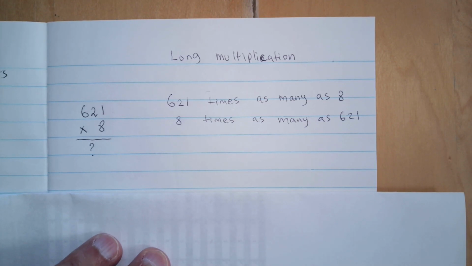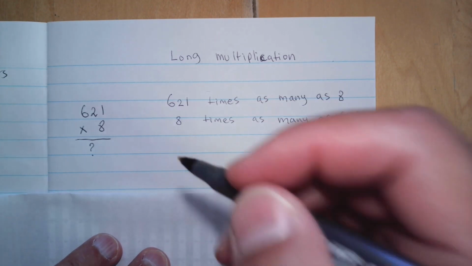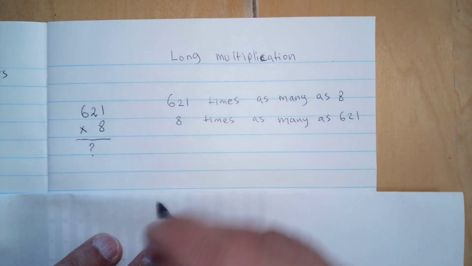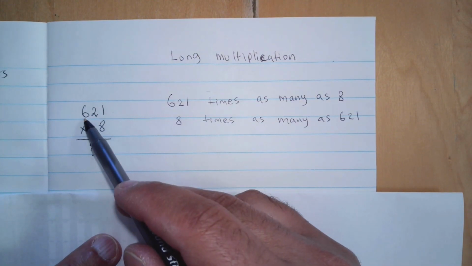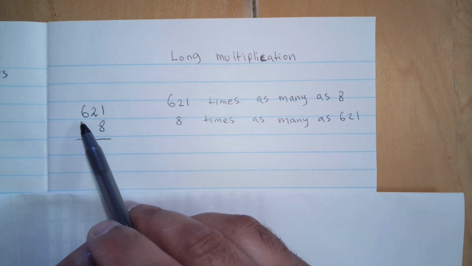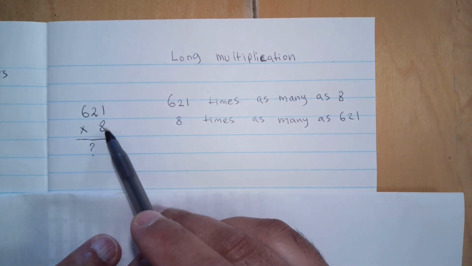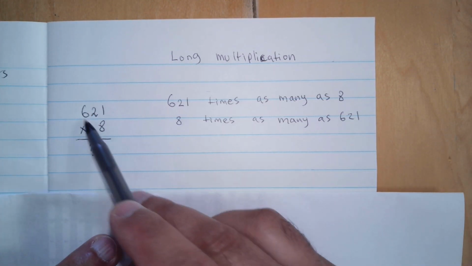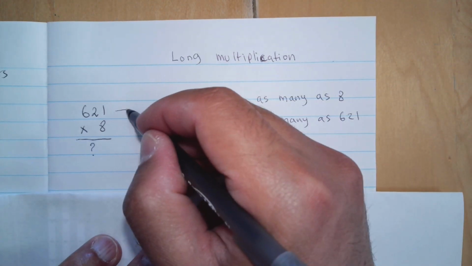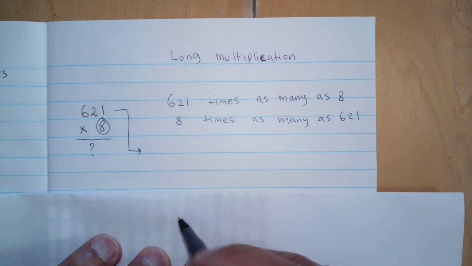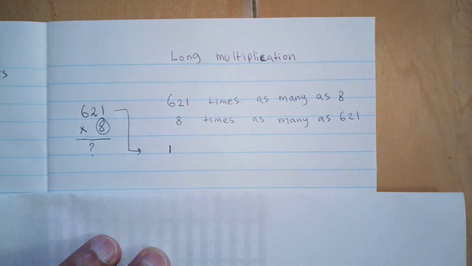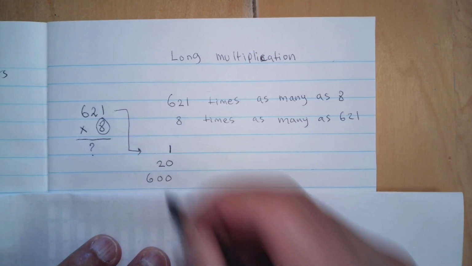So how do we solve a problem like this? We have to remember our place values. For me, I'm going to look at 621 and multiply 8 to the place value of each digit. 621 is made of 1 one, 2 tens, and 6 hundreds.